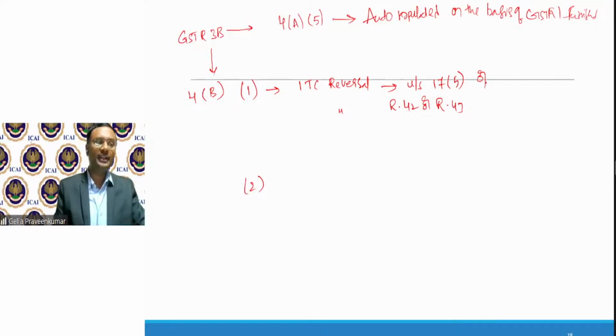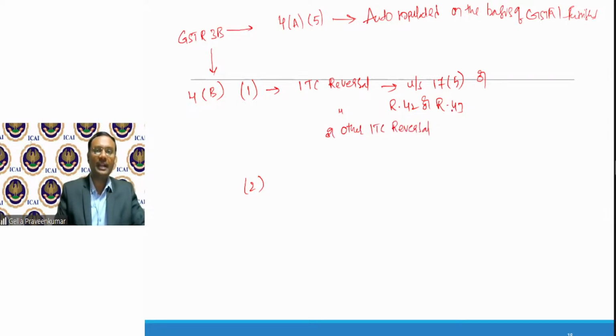Rule 42-43 on account of input tax reversal in relation to common credits when I supply exempted goods, taxable goods, exempted services, taxable services. I apply Rule 42, Rule 43, or other ITC reversal.